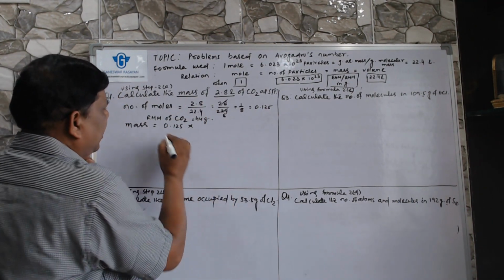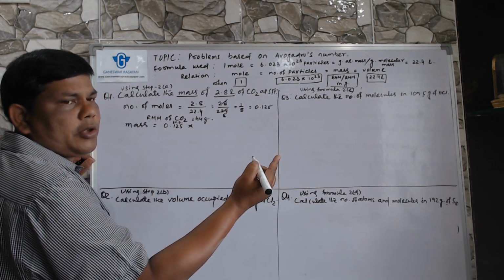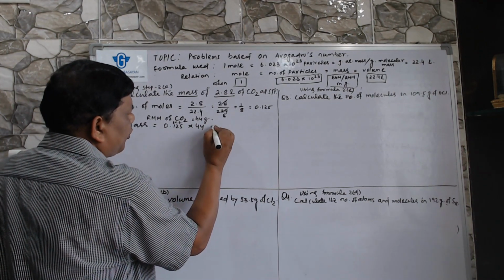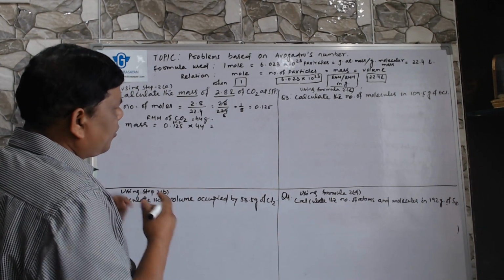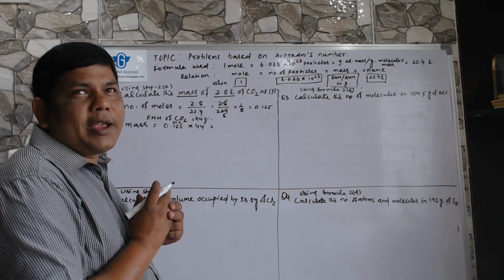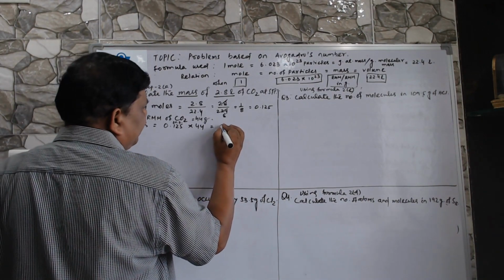RMM of carbon dioxide in gram is equal to 44 gram. So 0.125 into 44. If you multiply 125 into 44, it comes to 5.5 gram.